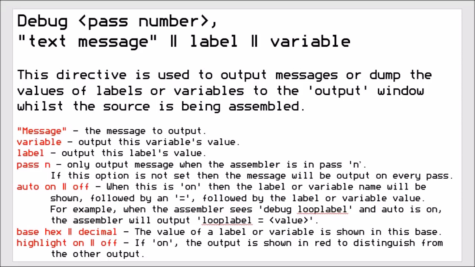You can tell it which pass to report this debug information. You can specify whether it automatically lays out the labels and variables for you. You can tell it whether to report in hex or decimal, and you can tell it whether to highlight the debug information in the output window. It's very useful if you're trying to debug an assembler problem rather than coding, so it's just an assembler problem.